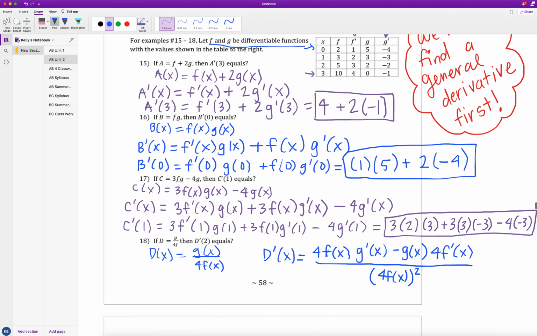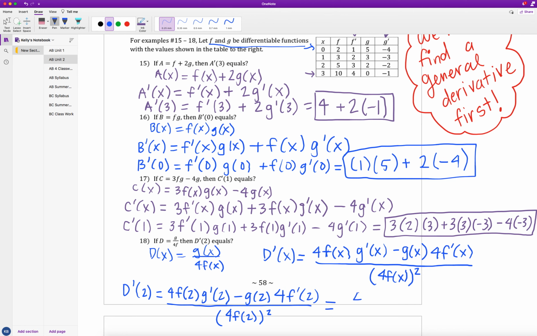Here we are going to need a little bit more space. They're asking us for d prime of 2. So if we plug in 2 for all of these x's, we get 4 times f of 2, g prime of 2, minus g of 2, 4 times f prime of 2, all over 4 times f of 2, that entire thing squared. Why don't you guys find those values from the table, then we'll check them together.